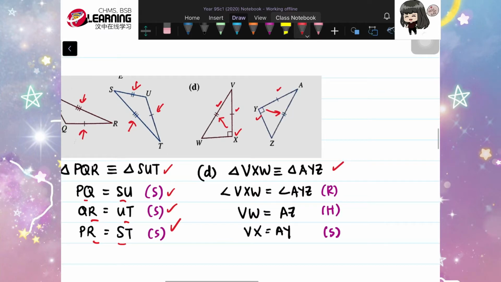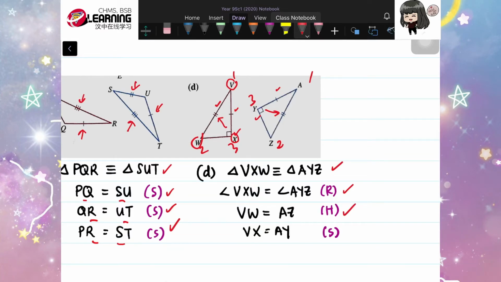And then which vertices correspond? Let's say I write VWX, then it's AZY. But I wrote down VXW, so it's V first and then X and W, so 132. This one is also 132.